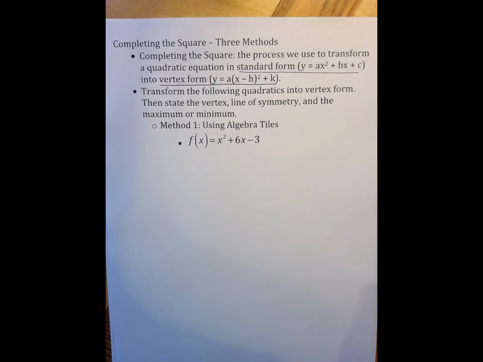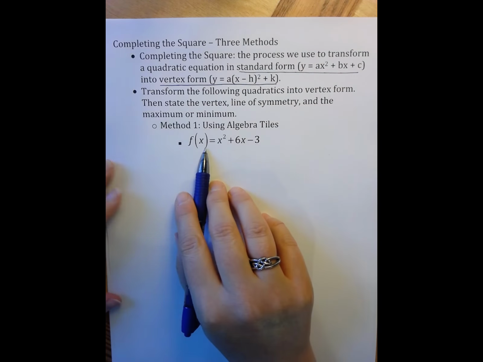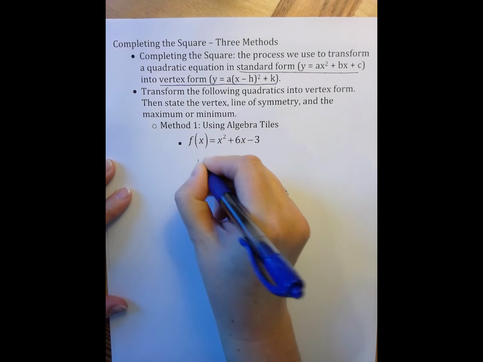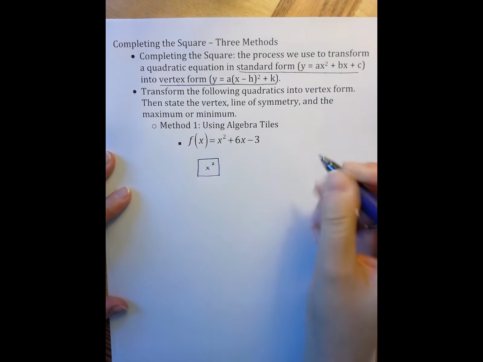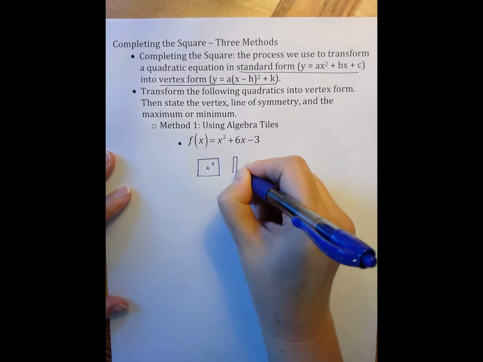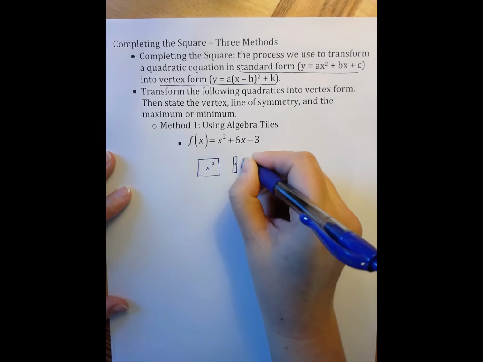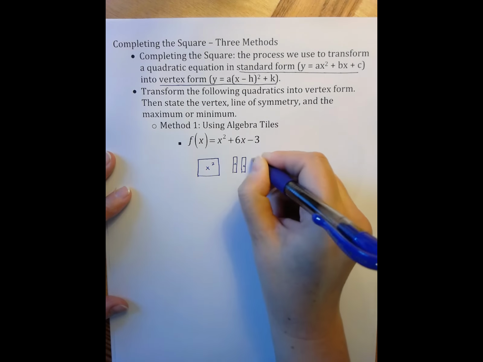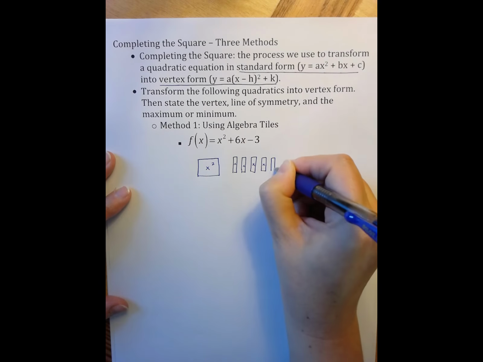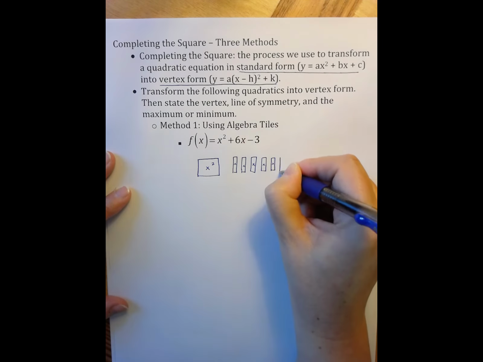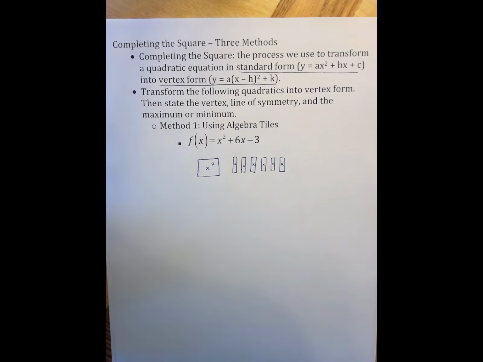So we are given that f of x, we have an x squared, and we have 6 x tiles. So 1, 2, 3, 4, 5, and 6.